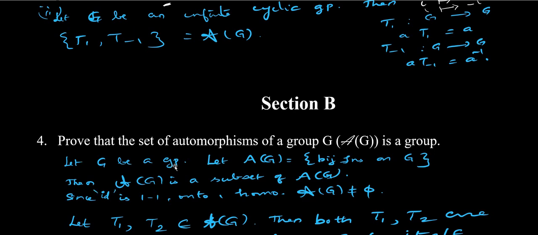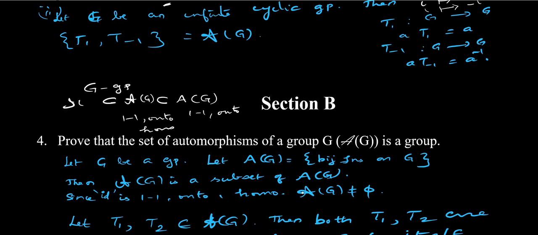Then section B: prove that the set of automorphisms of a group G is a group. Now we'll consider G to be a group and A of G to be the collection of all bijective functions on G. What we had already is: if G is a group, then A of G denotes the set of all bijective mappings from G to itself, and this contains script A of G, which is one-to-one, onto, and a homomorphism, and this contains script I of G. This one is a special type of automorphism, T suffix g, which takes x to g inverse x g.